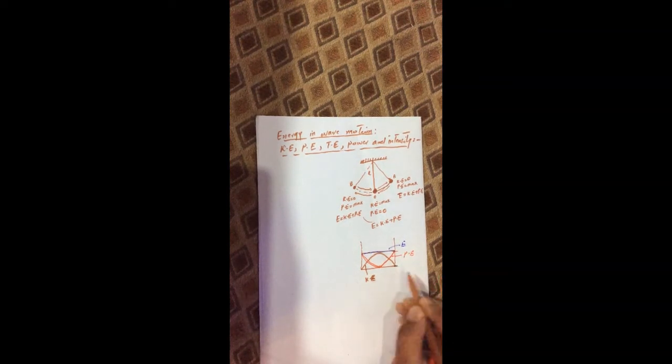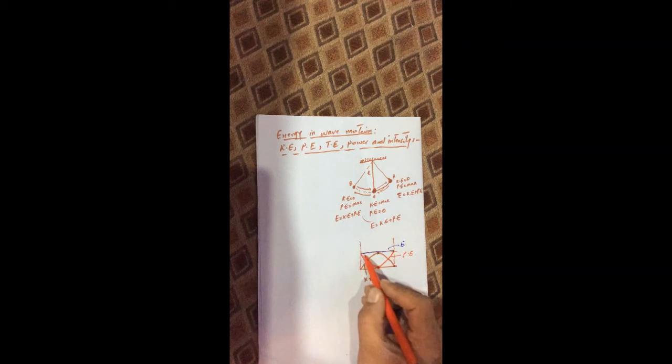At the mean position, kinetic energy becomes maximum, while potential energy becomes minimum. So we can say that at a point, if kinetic energy is maximum, then potential energy will be minimum, but the total energy will remain constant throughout this motion, and the total energy is this one.